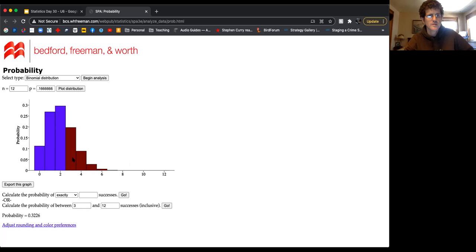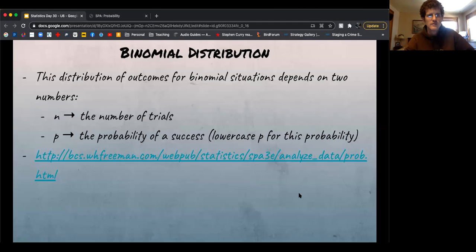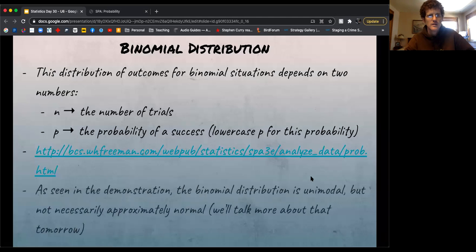Okay, so this is where the binomial distribution is really helpful. We can figure out if we have Bernoulli trials, which is everything either succeeds or fails, all the trials are independent, and we have the same probability for each one, then we can use the binomial distribution. And okay, actually, I didn't show that this is unimodal.